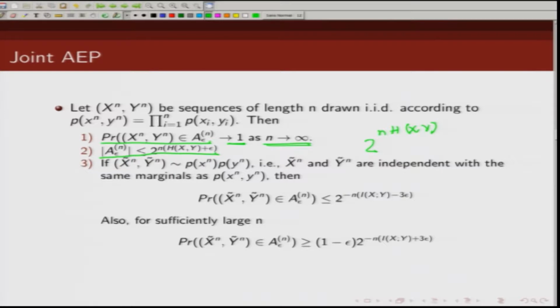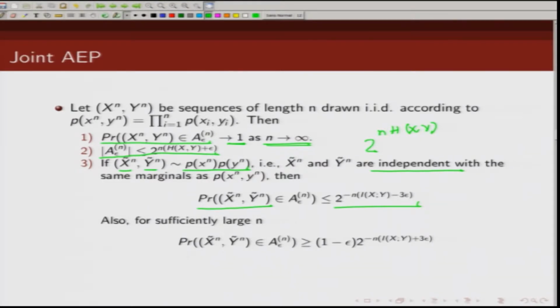And what is the third property? If x^n tilde and y^n tilde are independent length n sequences with the same marginals given by this, then the probability that x^n tilde and y^n tilde belong to this jointly typical set is upper bounded by 2 raised to the power minus n times (the mutual information between x and y minus 3 epsilon).